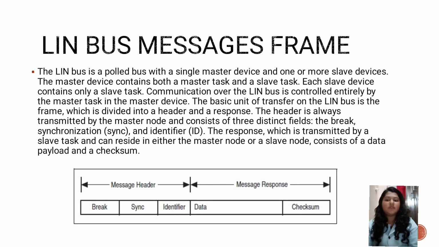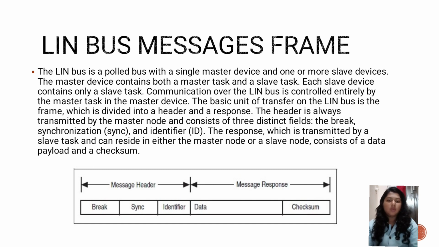LIN bus message frame. The LIN bus is a polled bus with a single master device and one or more slave devices. The master device contains both a master task and a slave task. Each slave device contains only a slave task. Communication over the LIN bus is controlled entirely by the master task in the master device.